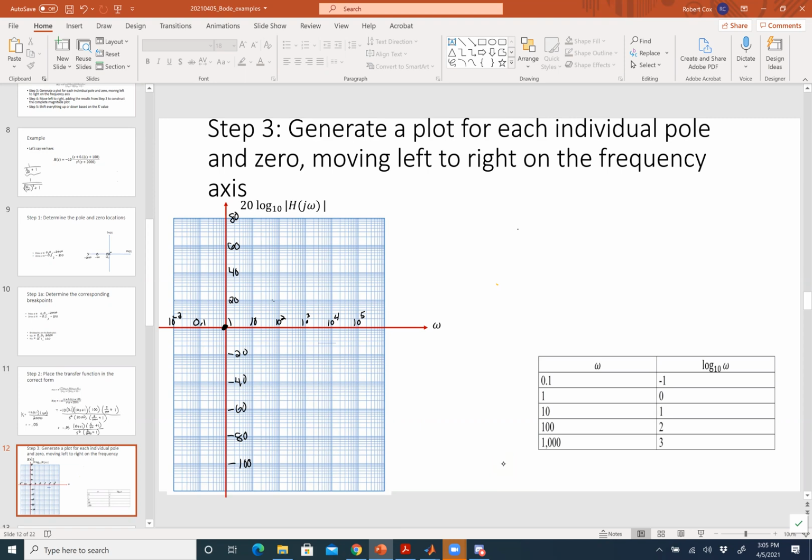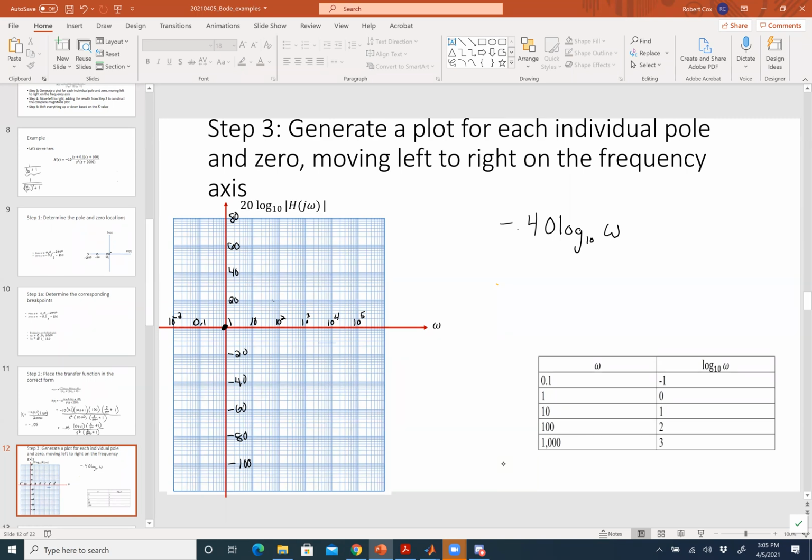Because if I plug in 20 log 10 of omega, in this case, they would be negative. And specifically because there's two of them, it would be negative 40 log 10 of omega. That's the line I'm plotting. If I plug in omega equal to 0, this would be negative infinity.